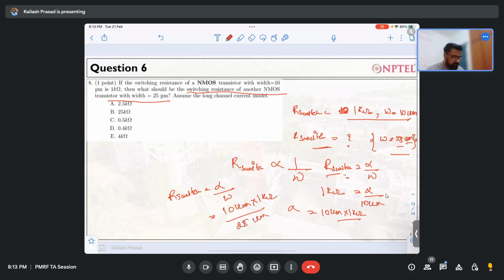The micrometer cancels, so it is 10 by 25. This will be 0.4 kilo ohm. The answer is D. Everybody agrees with this? Yes, sir.